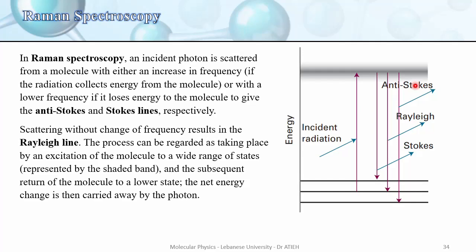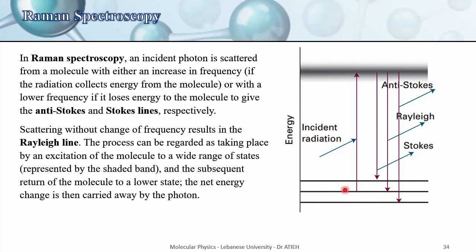How to understand this process? It can be understood as if the molecule is absorbing this incident radiation and moving from a certain level to a higher range of states, here represented by a shaded band. These are a wide range of states. So as you can see, this is the incident radiation.